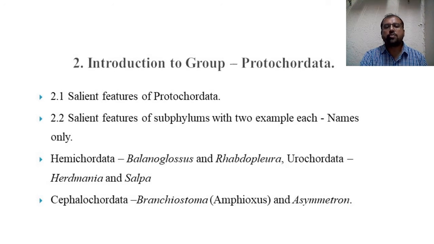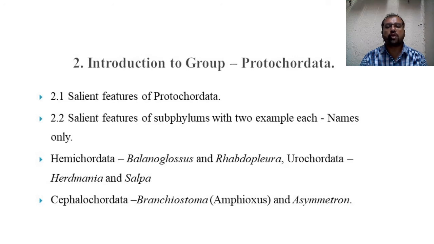In this second topic only the Protochordates are to be studied, which include the salient features of Protochordata, meaning the primitive chordates: Hemichordata, Cephalochordata and Urochordata. The second subtopic is salient features of subphyla with two examples each, and here also only the names are expected. And which are these three subphyla?